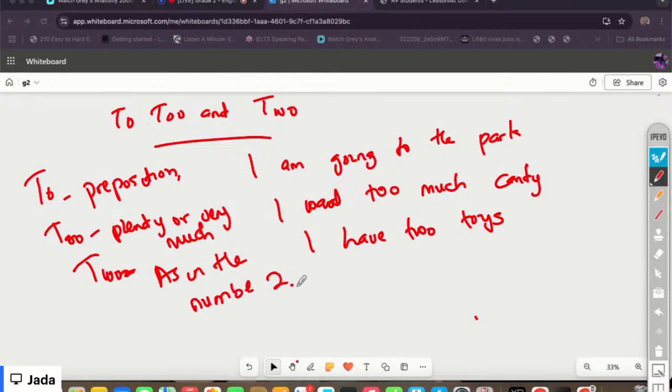So they all sound alike, but of course they have different meanings. One is saying I am going to the park, which is the preposition. The other one is saying I want too much candy, so it's like you want plenty or very much of something. Then the other one says I have two toys, so two as in the number two. Okay?